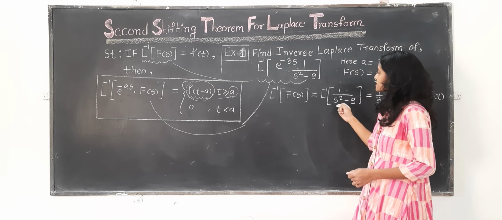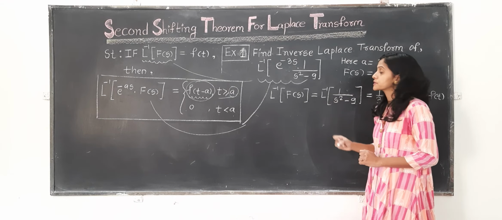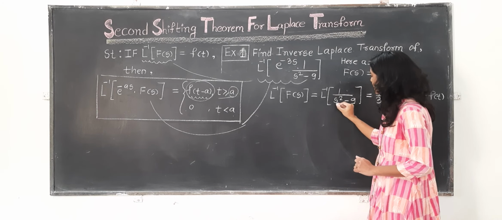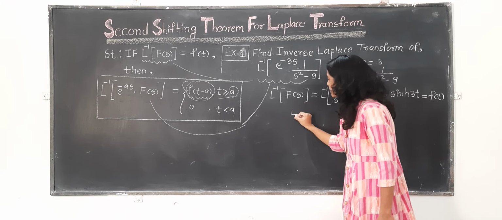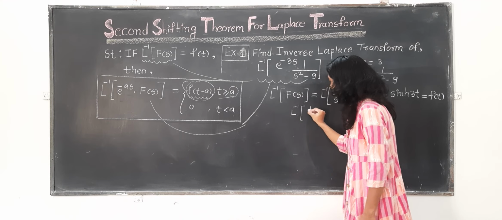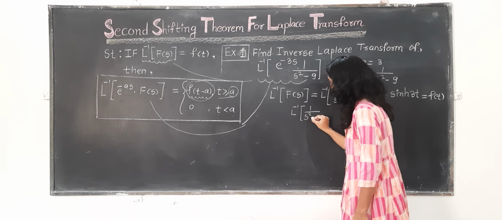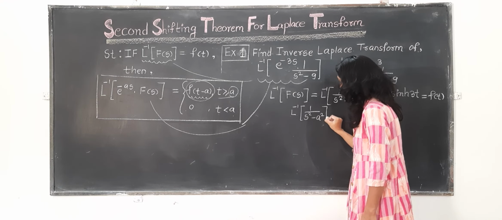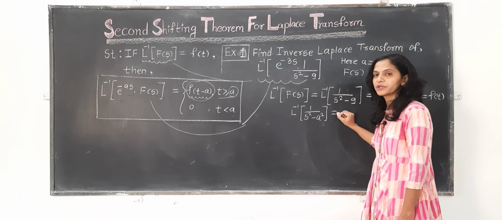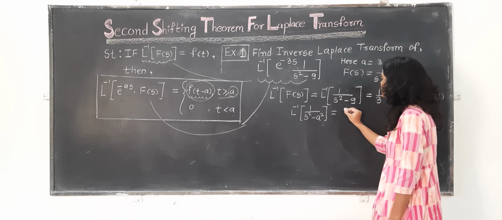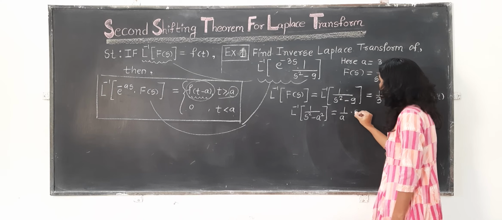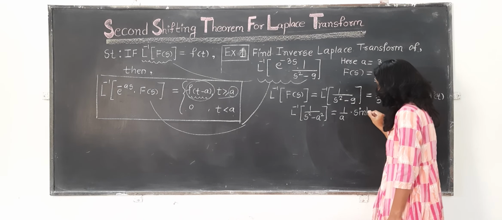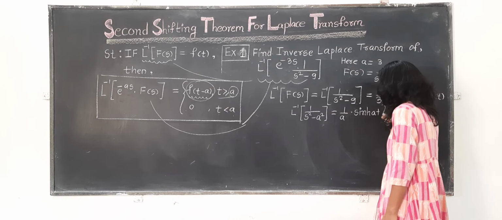Again here is a standard formula we are using, L inverse of 1 upon s square minus 9. The standard formula for this inverse: L inverse of 1 upon s square minus a square is 1 upon a into hyperbolic sine at.